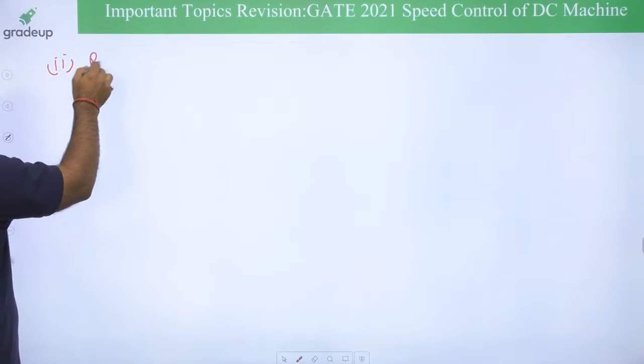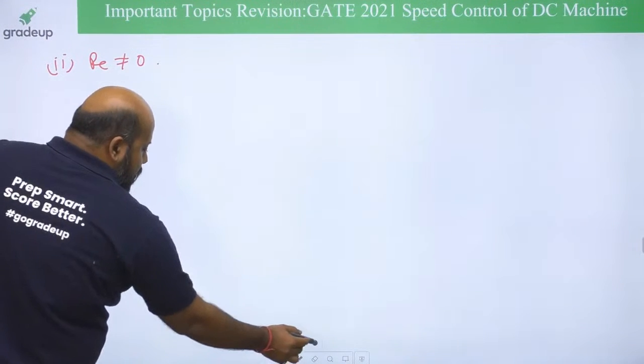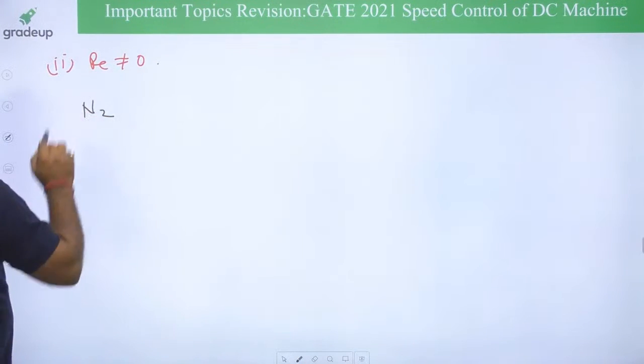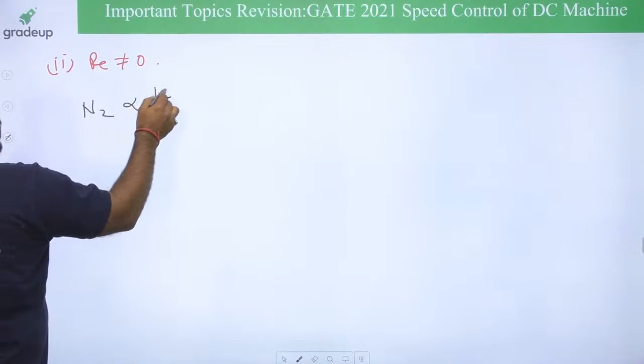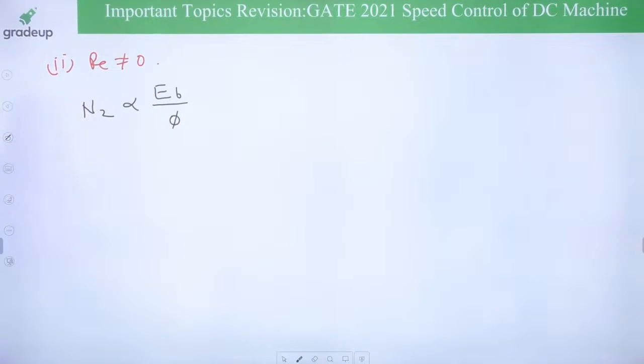Now let us take the second case. Second case, you are assuming when R_E is not equal to 0. Suppose you are having the speed N2, and this speed N2 is going to be back EMF upon flux. Again, suppose you are saying flux is constant because it is a shunt motor.